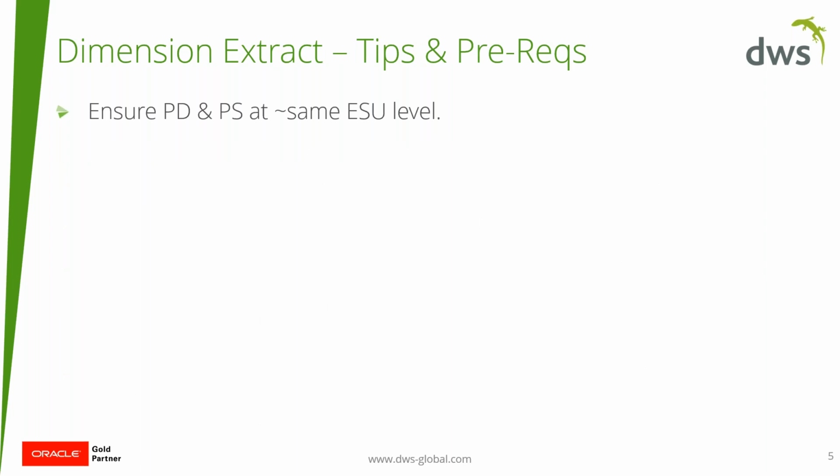So some tips and some prereqs, because before you run the extract, there are a couple of things that need to be done. If you're in a 9.2 environment, which you will be if you're using Dimension Focus, then your pristine environment should be at the same ESU level, or as close as possible, as production. Historically, JD Edwards customers often let pristine fall behind, just the nature of it.